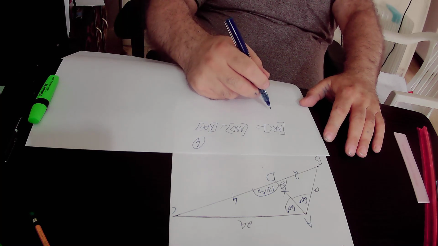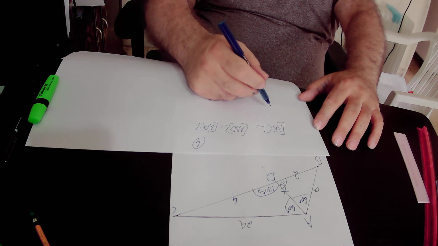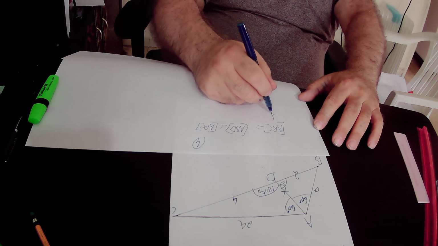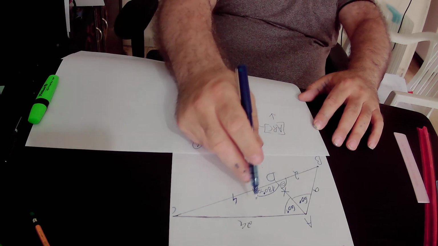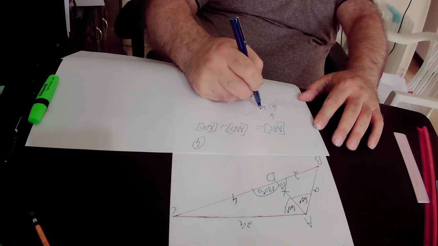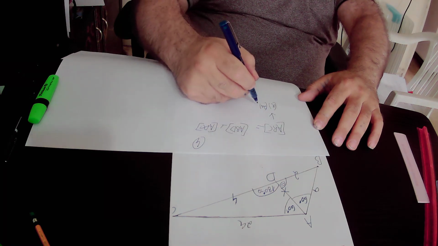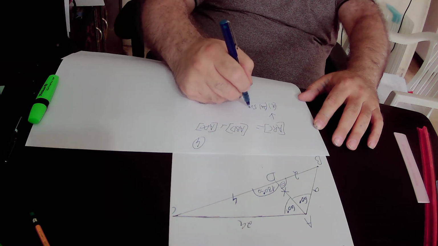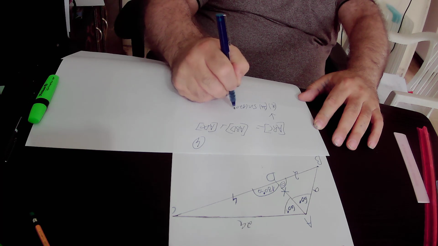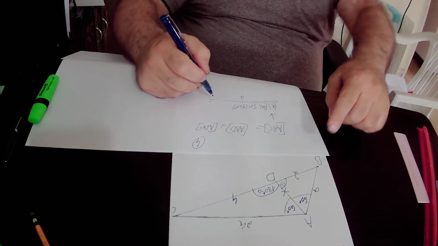And the area of triangle ABC according to the new formula is equal to A times 2A times sine of 60 degrees plus 60 degrees, which is 120 degrees, over 2, and it is equal to the area of triangle ABD.